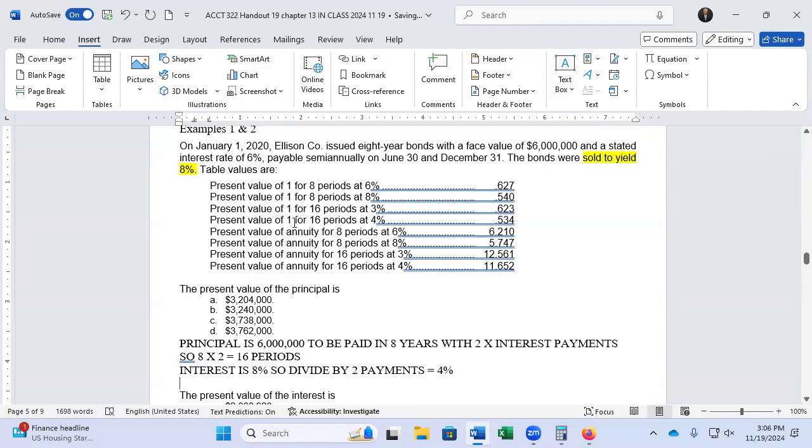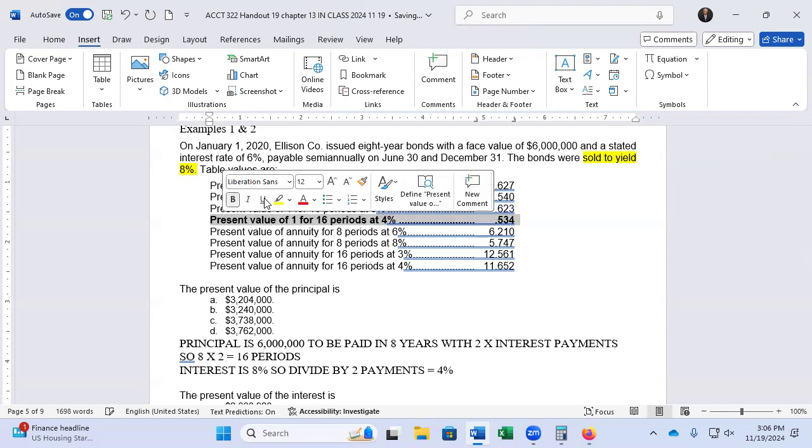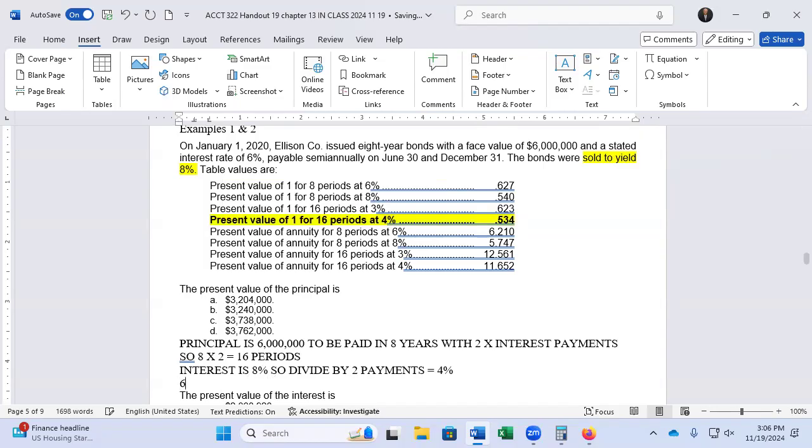So this is the present value of a single payment for 16 periods. And so we take the 6 million and we multiply it by 0.534.